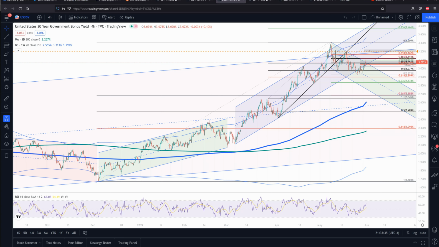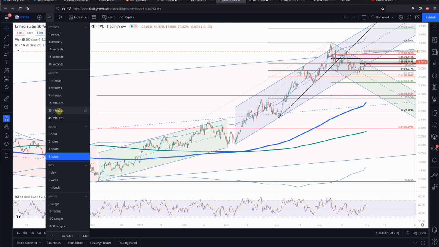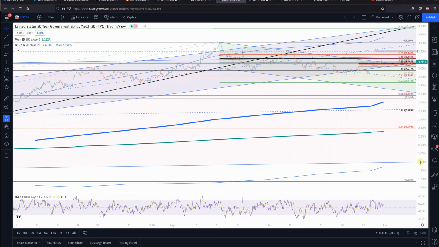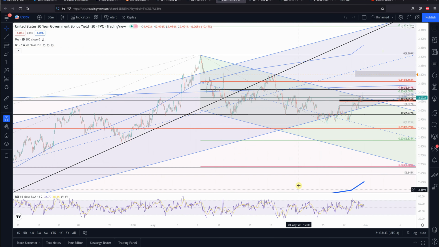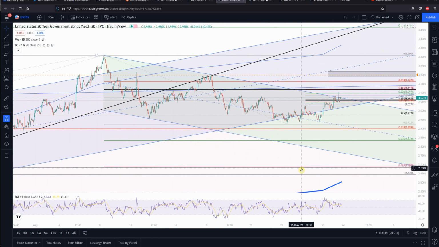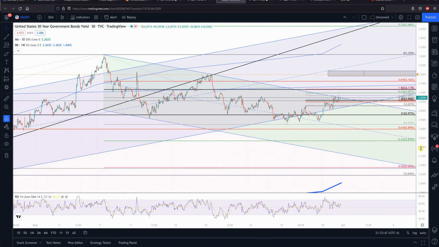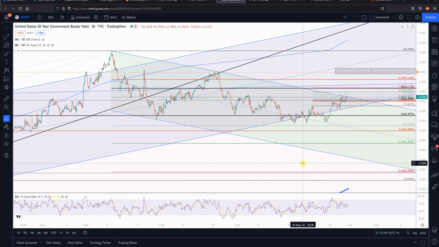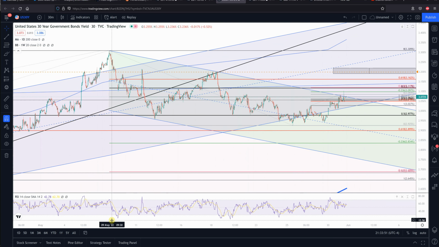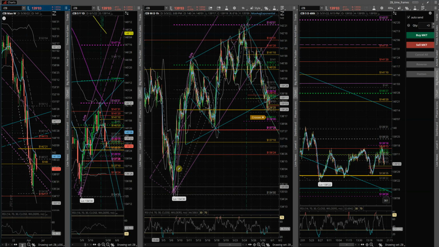The last thing, if we go to the yield chart, the scenario where the low is in, but we have a deep correction down here somewhere, basically a retest of the lows like the 2018 scenario.